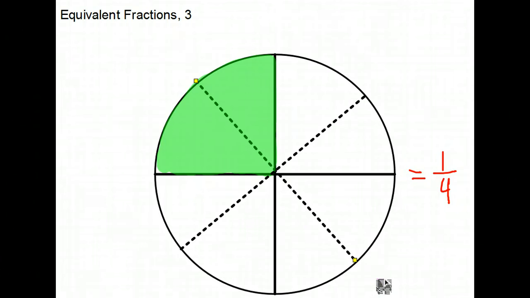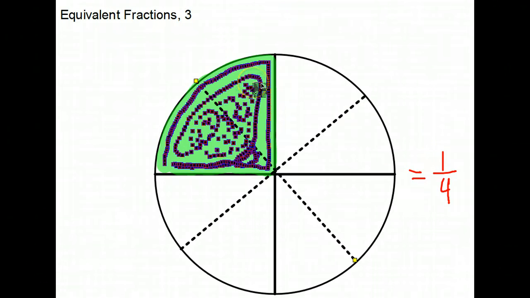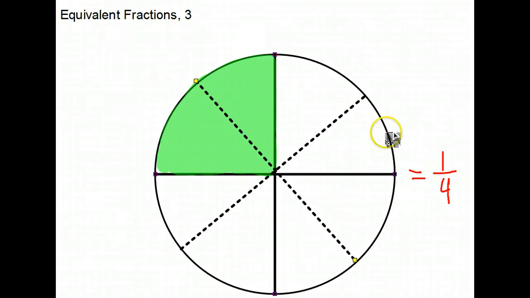Now, how many pieces is my pie? Well, it's 1, 2, 3, 4, 5, 6, 7, 8, and of those pieces, 2 of them are shaded. So now I can say that when my pie has 8 pieces, 2 of them are shaded. That's the same as saying that 1 of the 4 pieces are shaded.